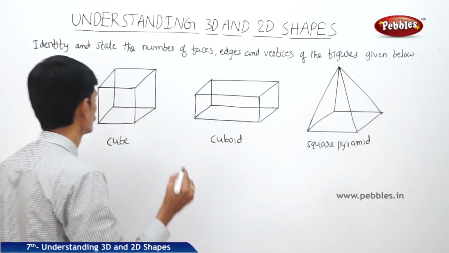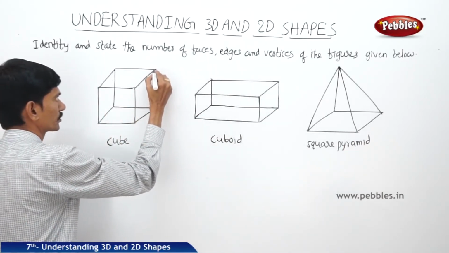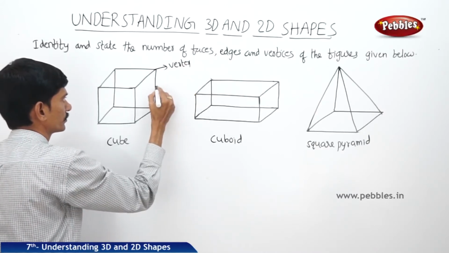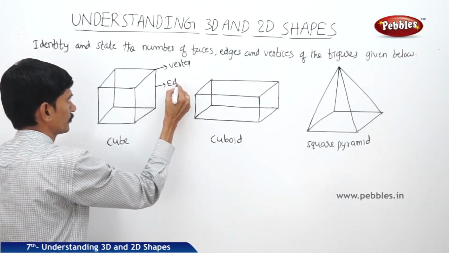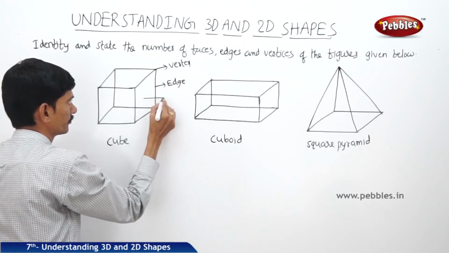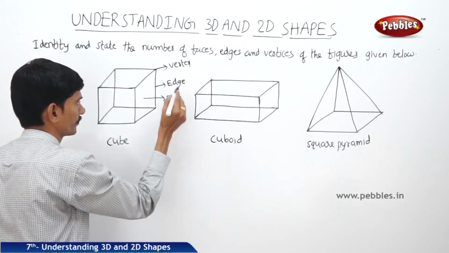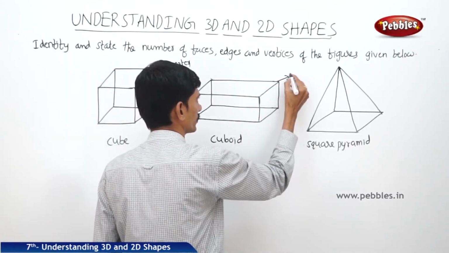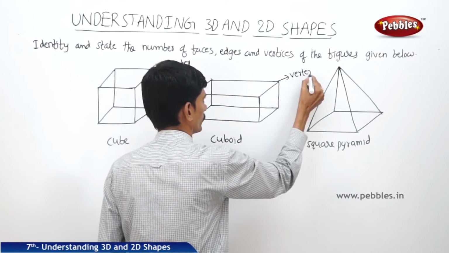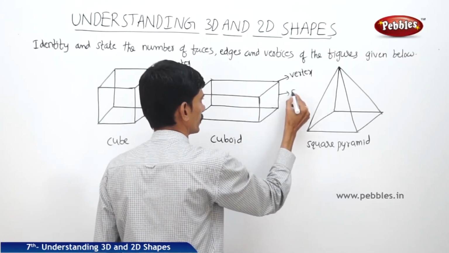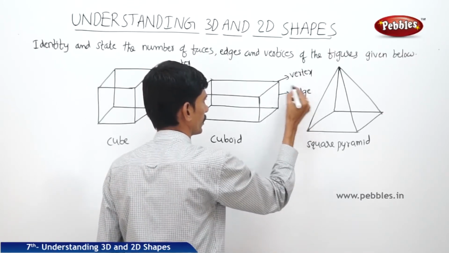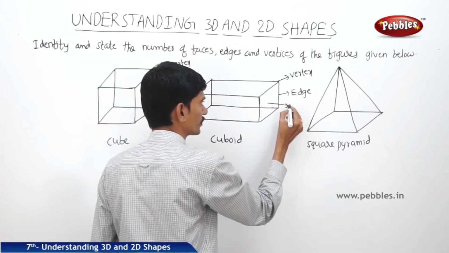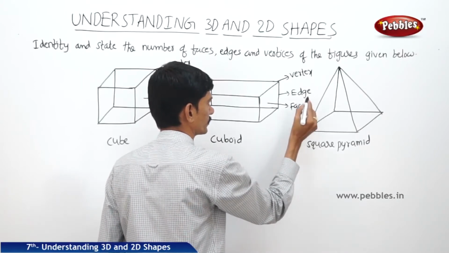Now, this corner is a vertex, and this is an edge, and this is a face. Now if we consider the cuboid also, this corner is a vertex, this is an edge, the line segment, and this flat surface is called a face.